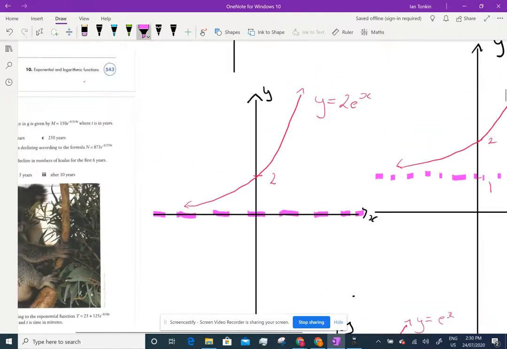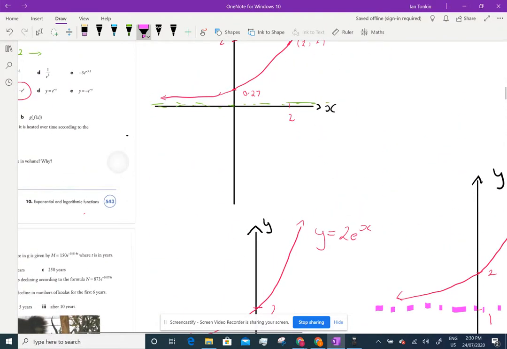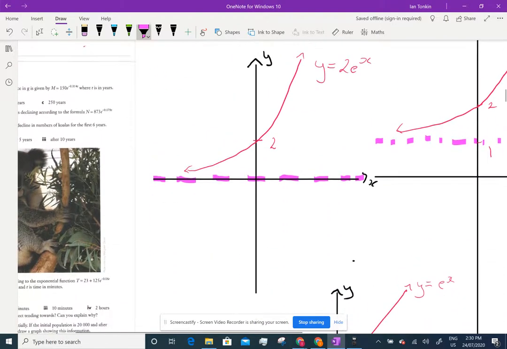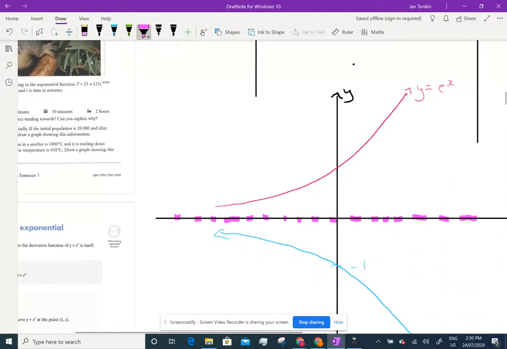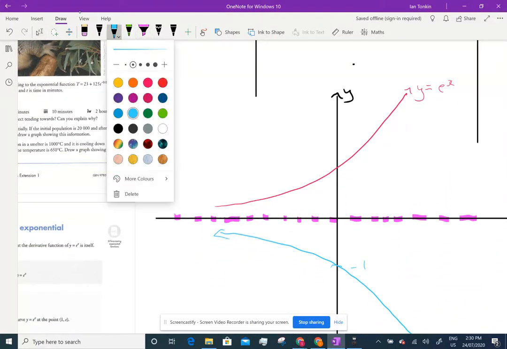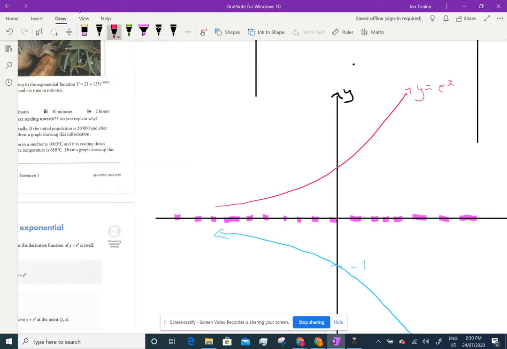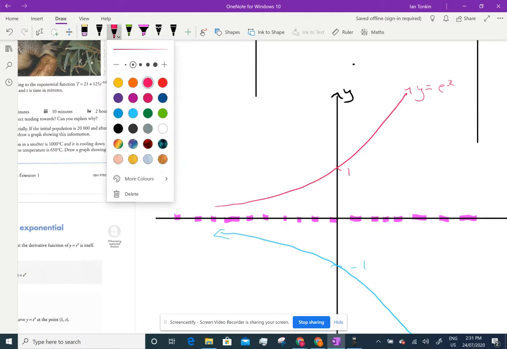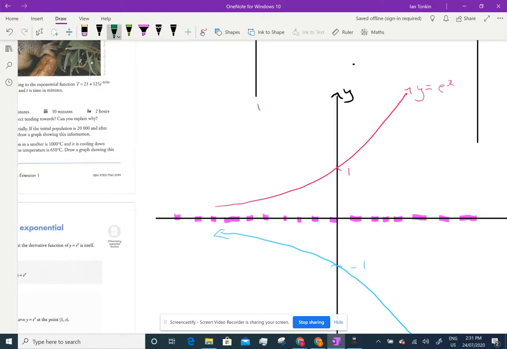Now the next one, e to the negative x. Well, that just, and by the way, that's at 1. So let's go blue, and I've used blue, let's go green. This one just flips it there. And that's y equals e to the negative x.